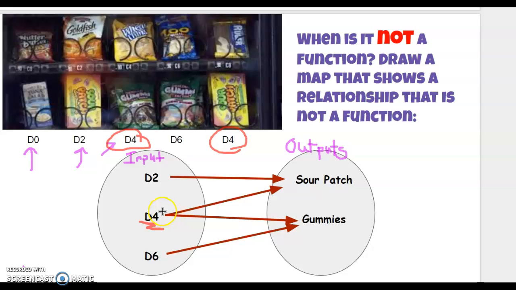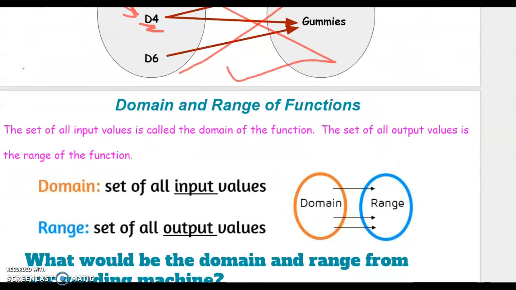So this, which used to be a 1-to-1 correspondence, now is a 1-to-2 correspondence, because when I punch in D4, I have absolutely no idea if I'm going to get Sour Patch or gummies. So this is not a function. All right, let's keep moving on.